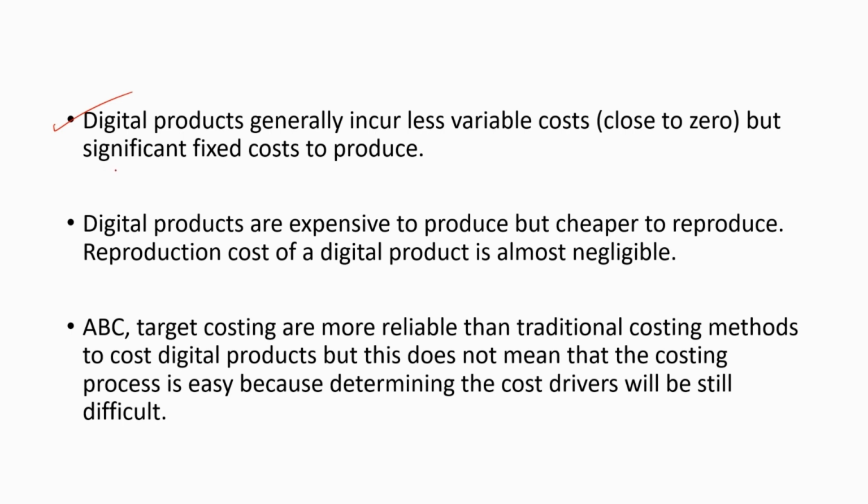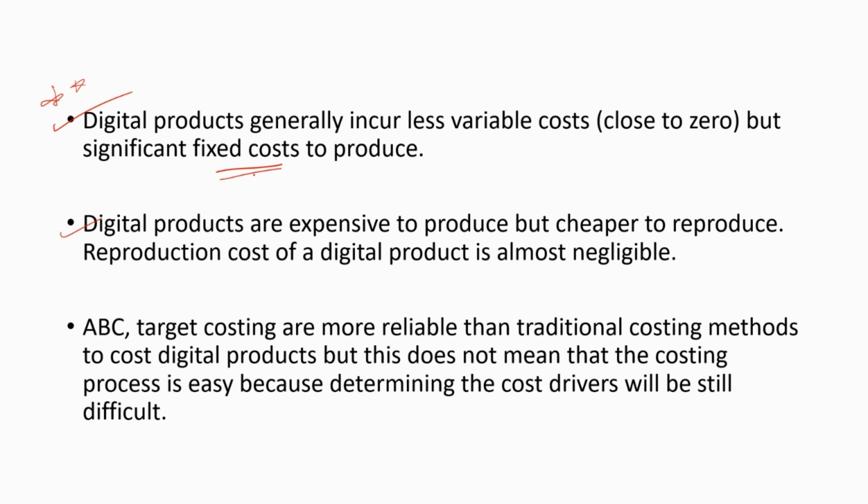This means close to zero, but significant fixed costs to produce. This is really important. Digital products generally have less variable costs, but the fixed cost will be significant. Digital products are expensive to produce, but cheaper to reproduce. This is because, as we discussed here, the fixed costs will be significant.